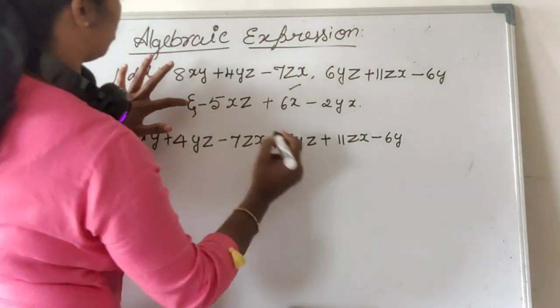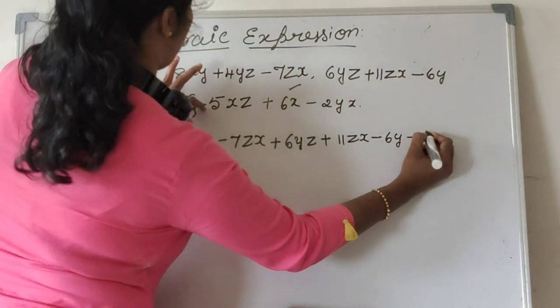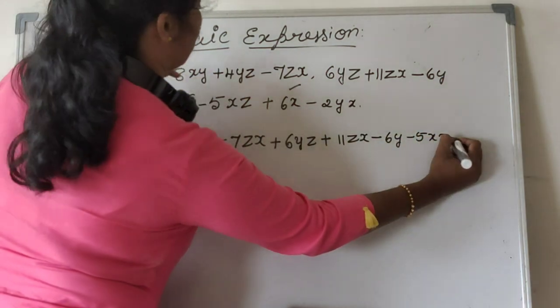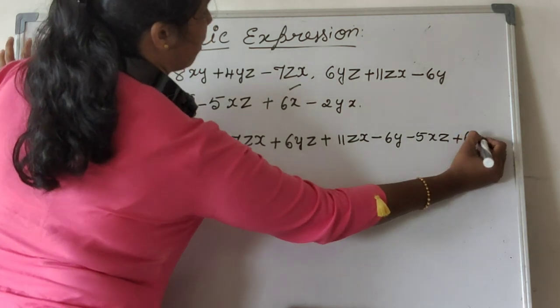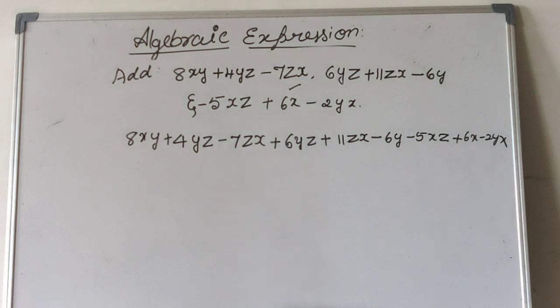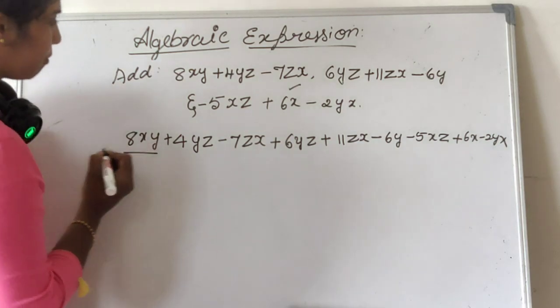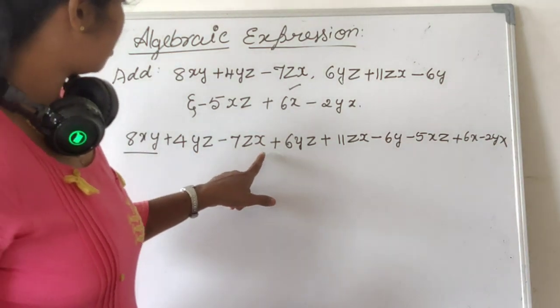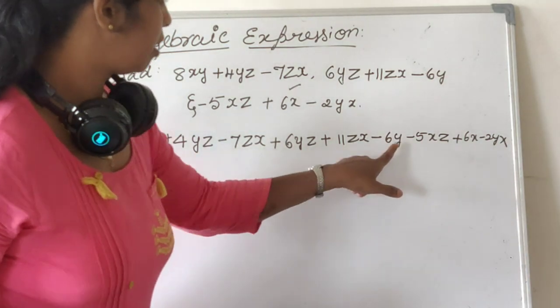Bracket and all you have to put. Minus 5xz, 6x, minus 2yx. Okay, now you see xy, yz, zx. Okay, where is xy?